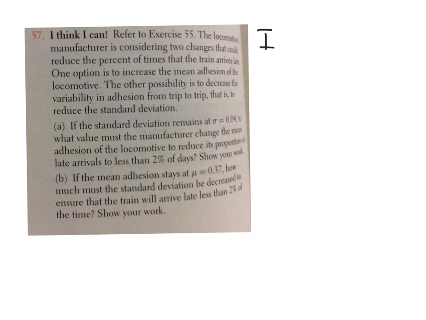I'll write that down, inverse norm of 0.02. All right, let me plug that in the calculator. So I get the inverse norm of 0.02, which happens to be negative 2.05. So that's the z-score.